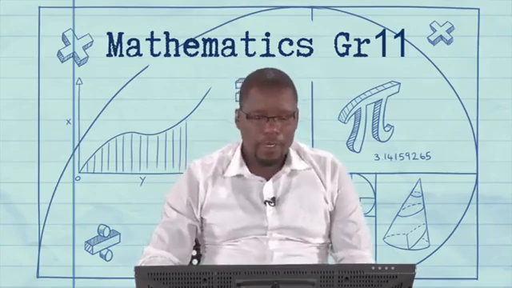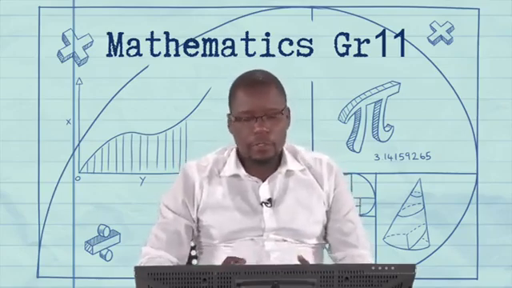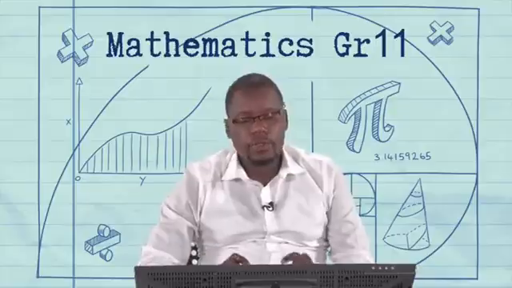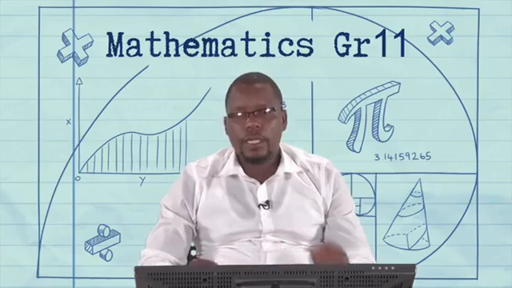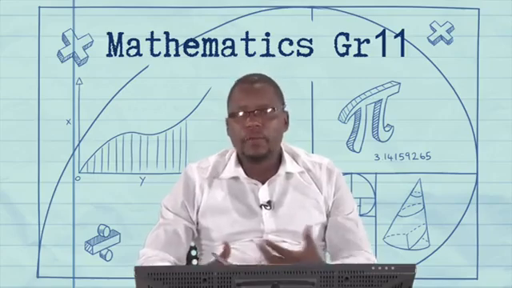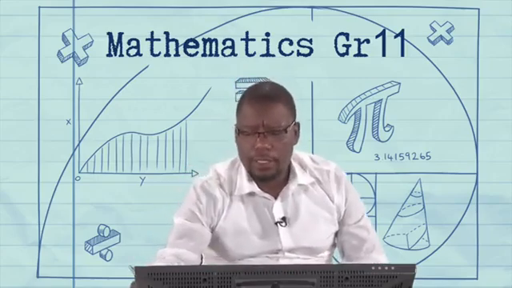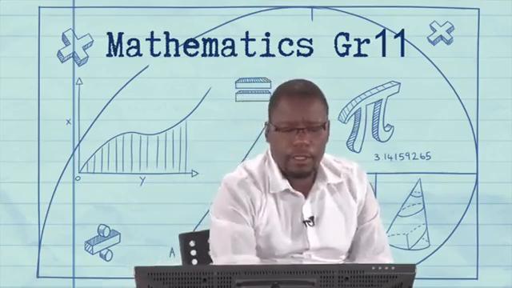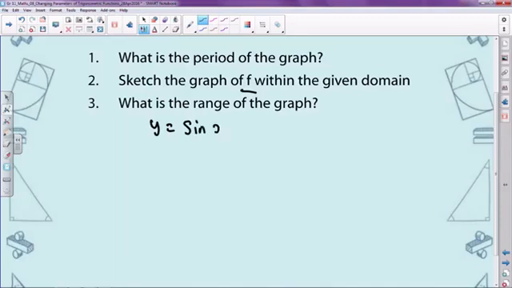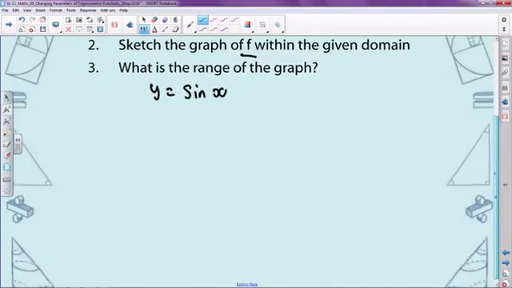All right, my wonderful grade 11s. Let's look at this function. f of x equals 2 sin(x minus 30 degrees) plus 1. At the back of your head, you are checking, starting with the parent function y equals sin x. Interpreting what is happening to this graph, okay? You've got a normal graph of y equals sin x. All right?